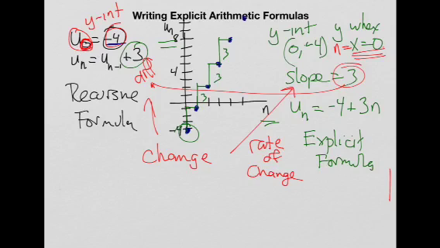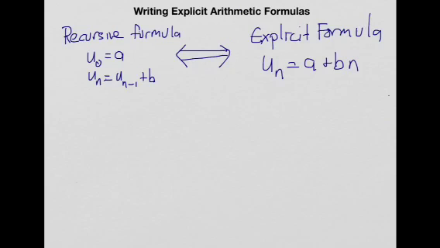So we will find this in general for any arithmetic sequence. We can write this explicit formula. So let's put this in more general terms. In general, if you have an arithmetic sequence where your u sub 0 equals a, and your u sub n equals u sub n minus 1 plus b, we're adding b each time, your explicit formula is u sub n equals a, your starting value, plus b, your difference, times n.